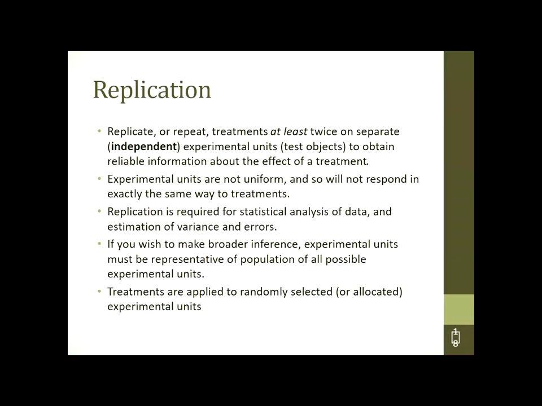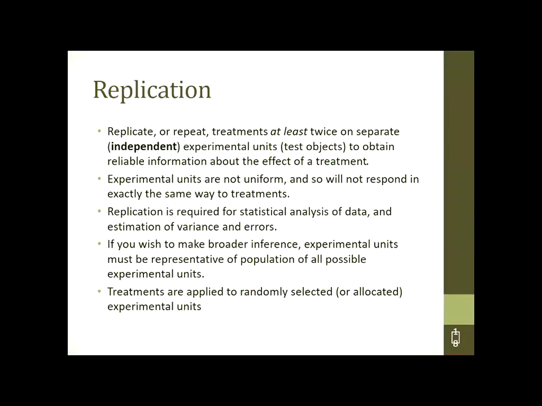And I said replication means to repeat treatments at least twice on separate, i.e. independent experimental units or test objects. All right. So the key part about replicates is that they're independent of one another. If there's some sort of correlation between the experimental units, or correlation between observations, then they're not independent replicates.